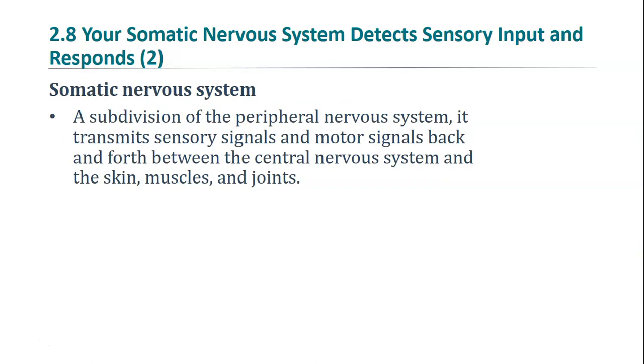The somatic nervous system contains sensory inputs from the periphery, that is, sight, sound, taste, etc., as well as motor connections from the spinal cord or the brain out to the periphery to initiate movements in the body. You can think about the somatic nervous system as being responsible for voluntary movement and conscious perception, those things that we're aware of doing.